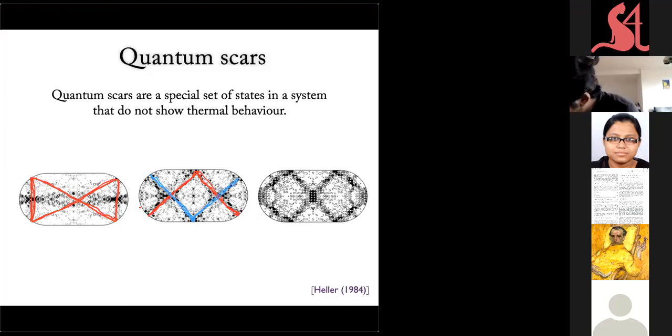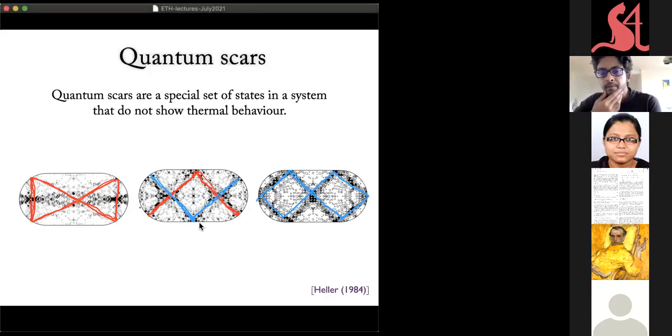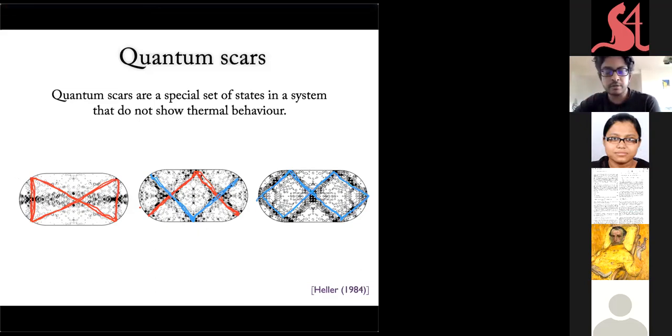And finally, in the last one, you launch your billiard from here, and it bounces again here, here, here, and so on. So it again follows an almost periodic trajectory. These are very special classical trajectories whose quantum analogs have some symmetries and so on. But these are very special atypical states, and these states will not obey ETH.